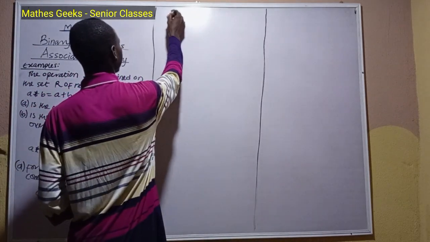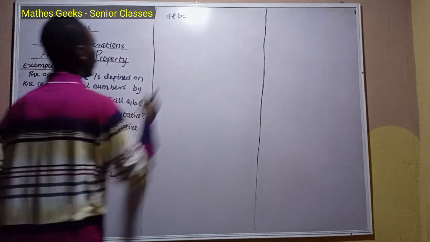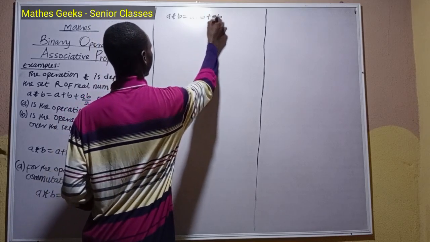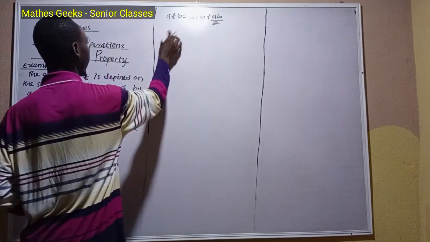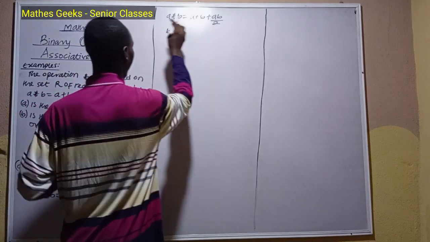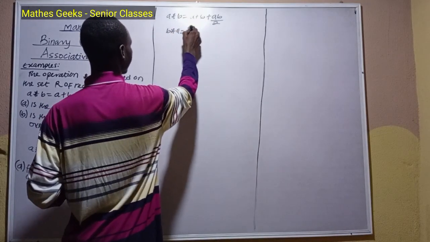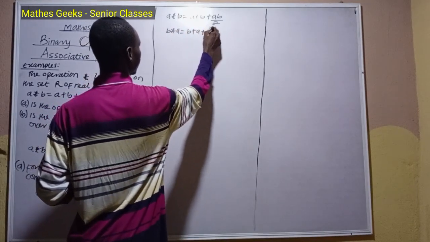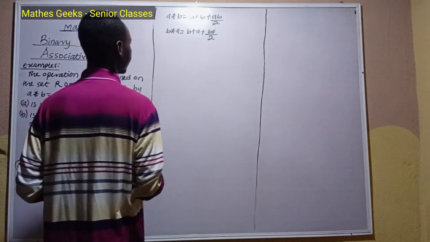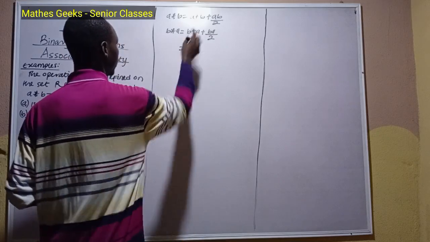So A star B is A plus B plus AB over 2, and that's what has been given to us here. Now B star A means we're going to change the order, where A here will become B and B here will become A. So B plus A plus BA over 2. Now if we follow the order of letters alphabetically, A should come first.